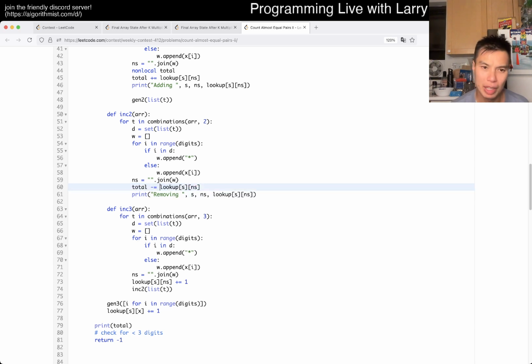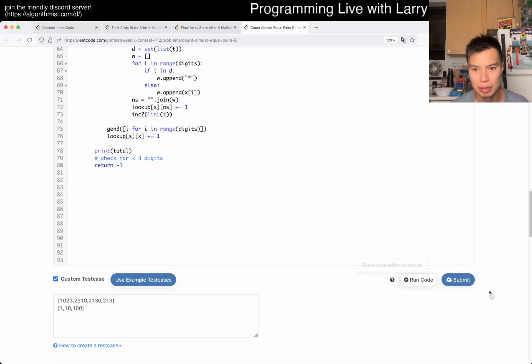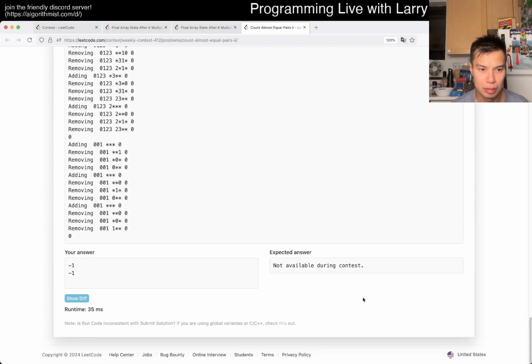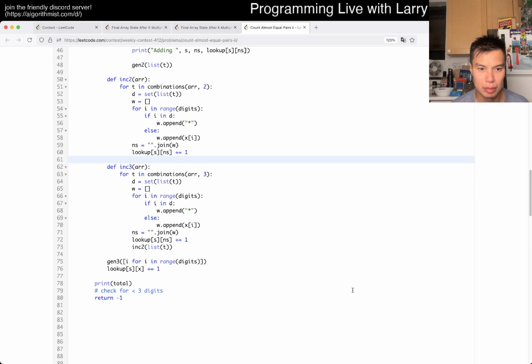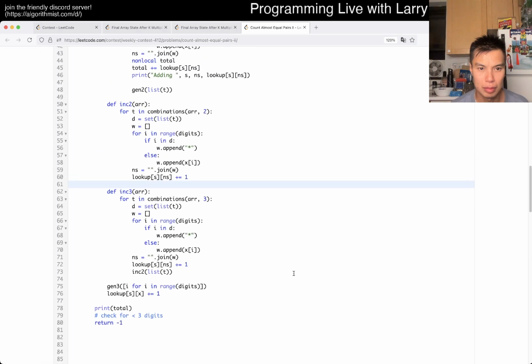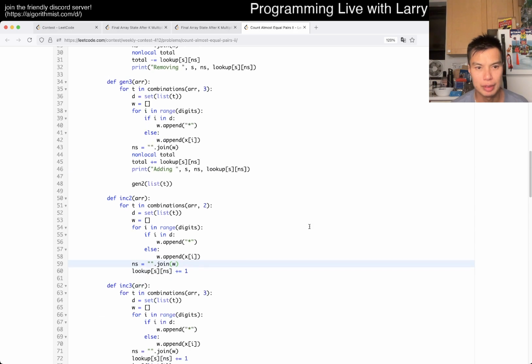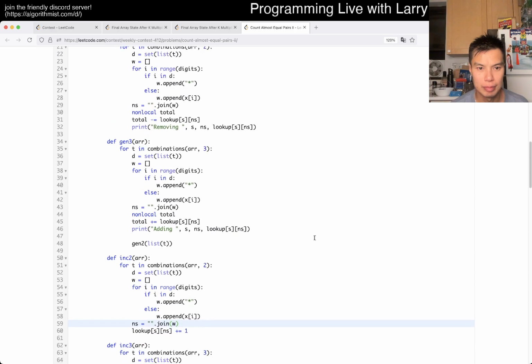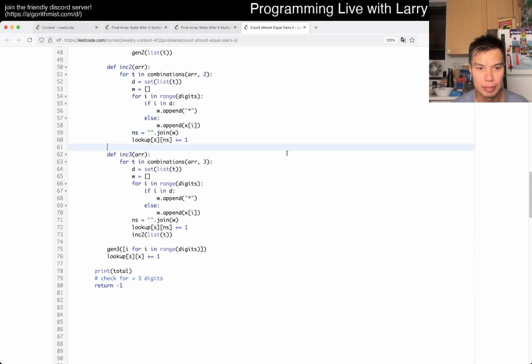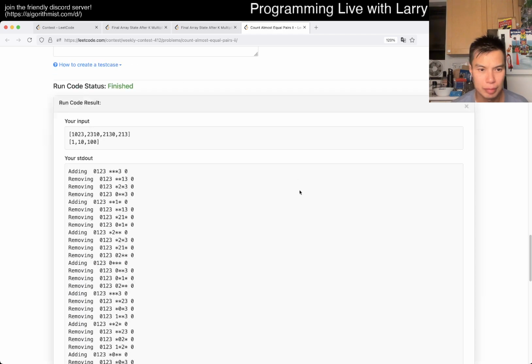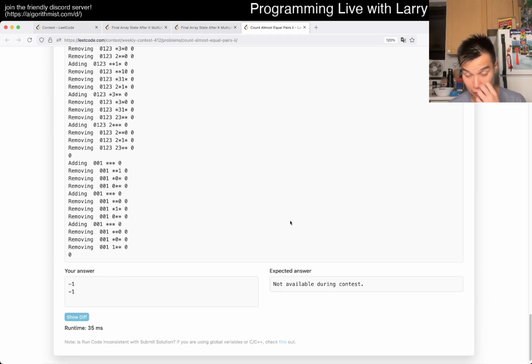This also double counts on this part. Well, that is all zeros.